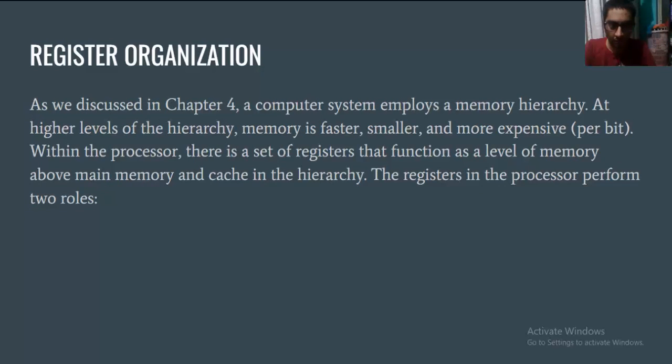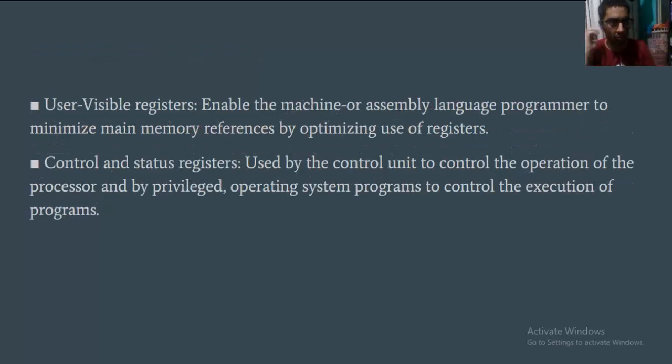The major roles of the registers in the processor are as follows. User visible registers enable the machine or assembly language programmer to minimize main memory references.